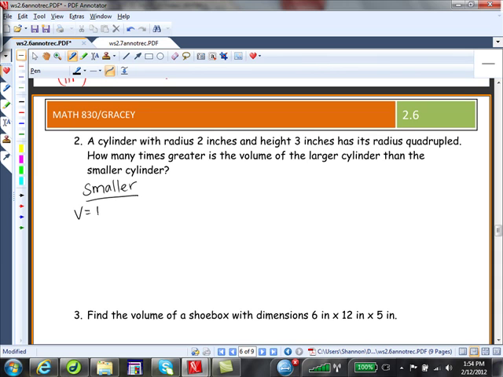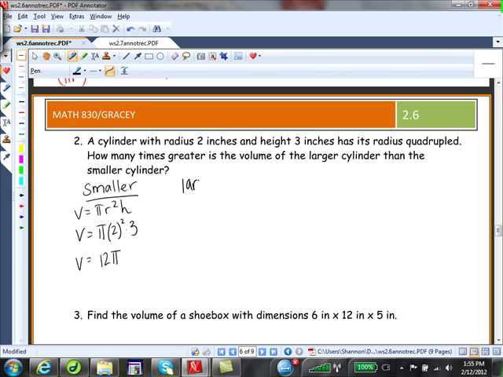Volume is pi r squared h. The radius was 2 inches and the height was 3 inches. So pi times 2 squared times 3, we would get 12 pi.